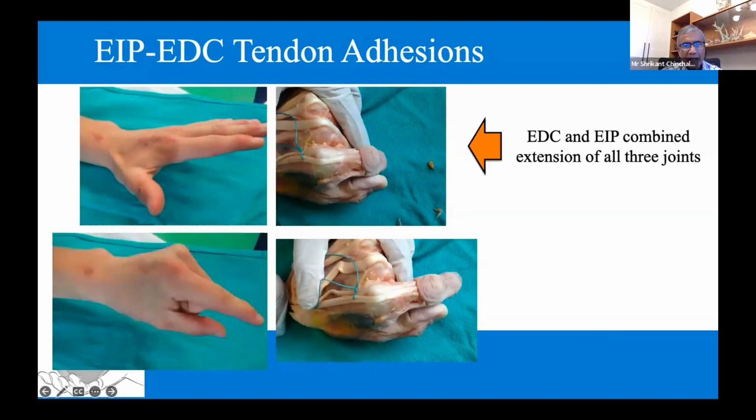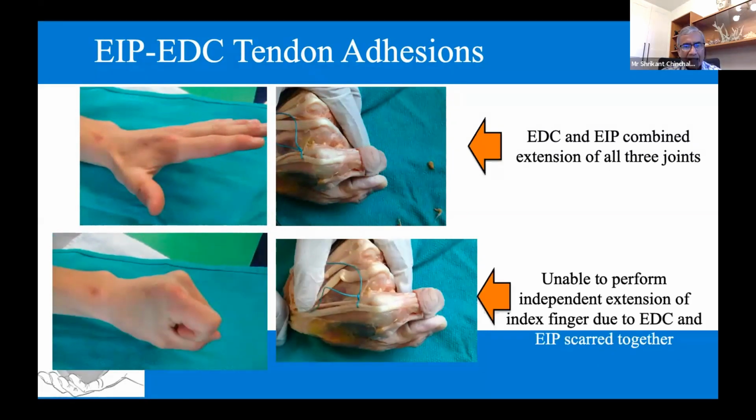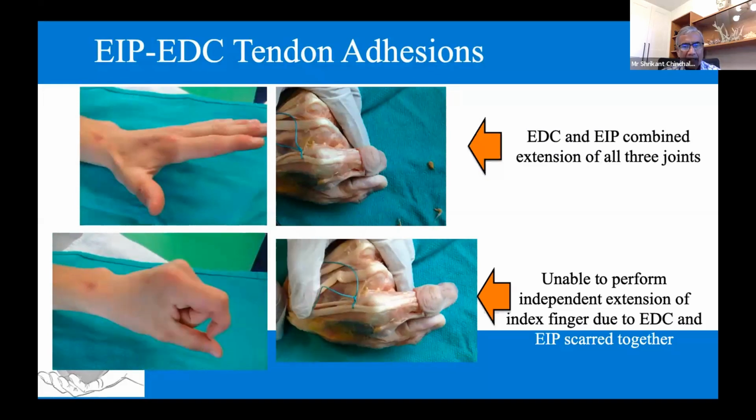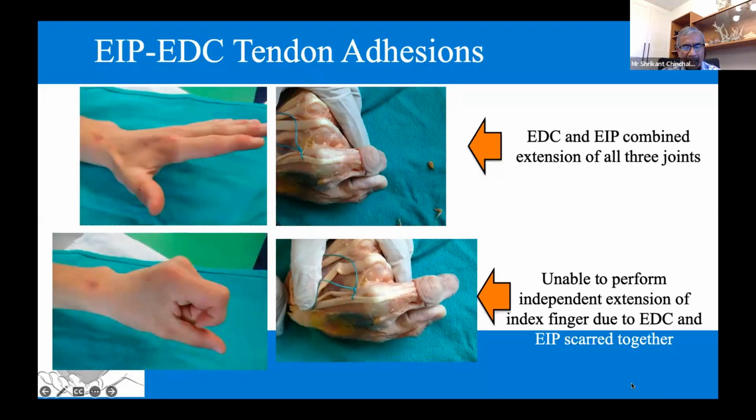So here, of course, EDC and EIP combined extend all three joints, whereas here he is unable to perform independent extension of the index finger alone due to EDC and EIP getting scarred together.